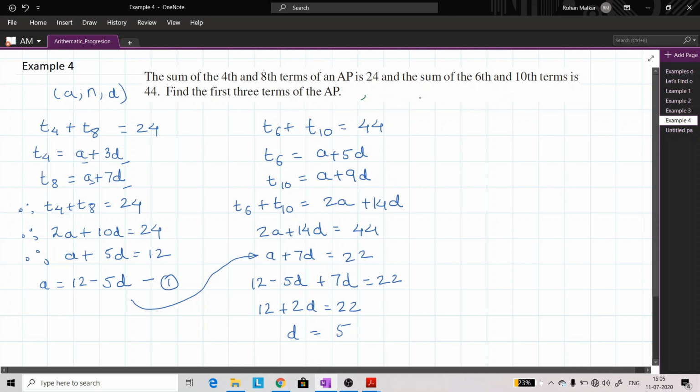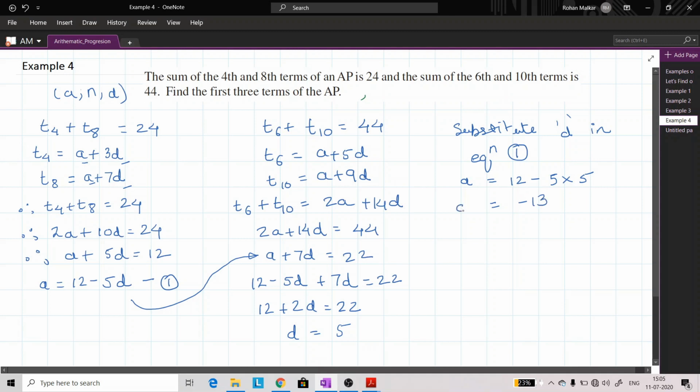Now using this value of D, I'll substitute D in equation 1. So I get A to be equal to 12 minus 5 times D, that is 5 into 5 is 25, and 12 minus 25 is minus 13.